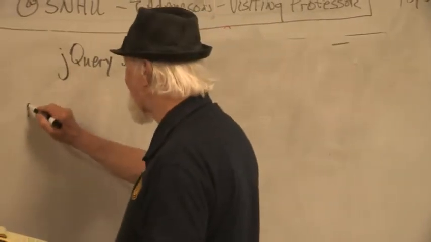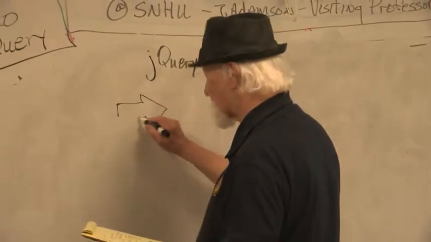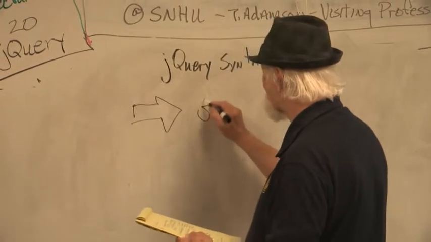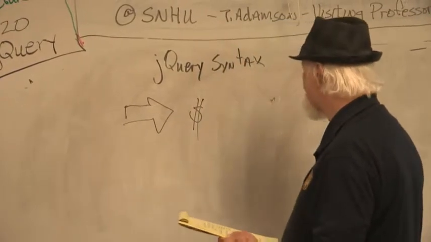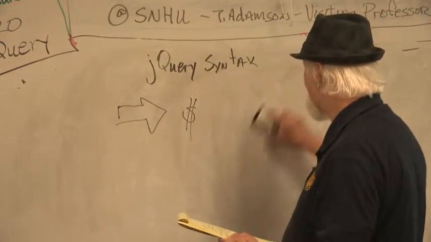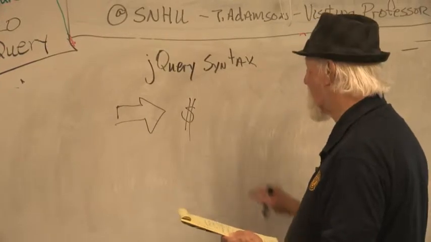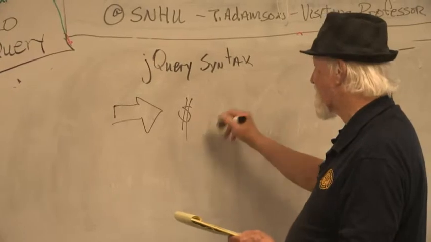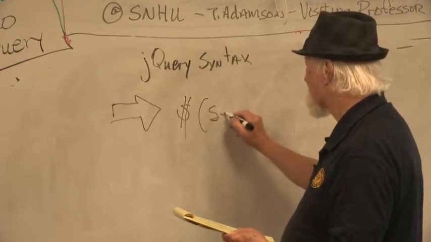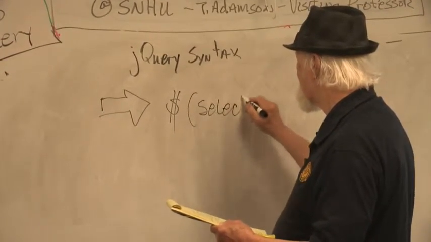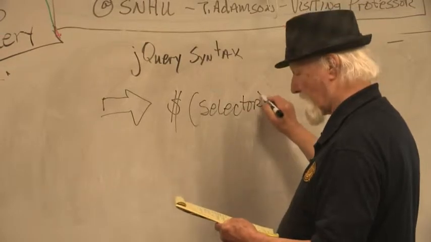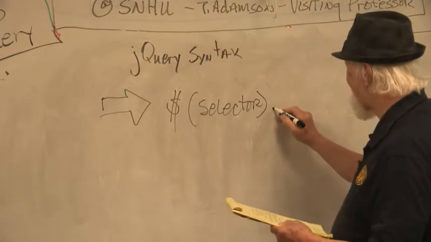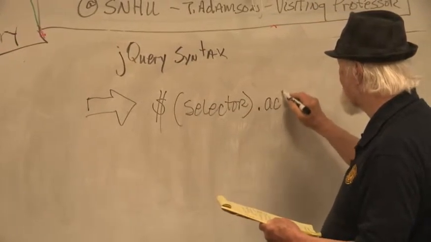The basic syntax of all jQuery instructions looks like this. It starts with a $ sign. You might say, that's weird, you mean this has to do with money? No. This just tells the browser that, hey, what's following here is jQuery. This is the selector. Then there's a dot, and this is the action.